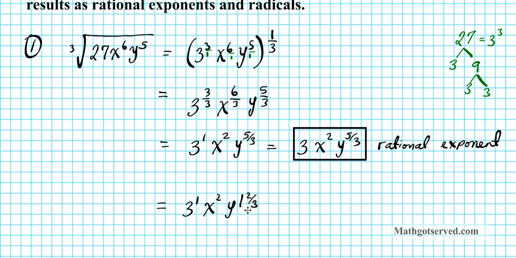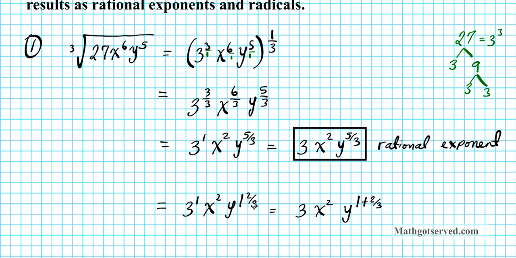All right, so the integer part cannot be written as a radical, but the fractional part should be written as a radical using the fractional exponents property. So let's go ahead and break it down. So we're going to have 3x squared, that remains untouched. Now I'm going to write this as y to the 1 plus 2/3.